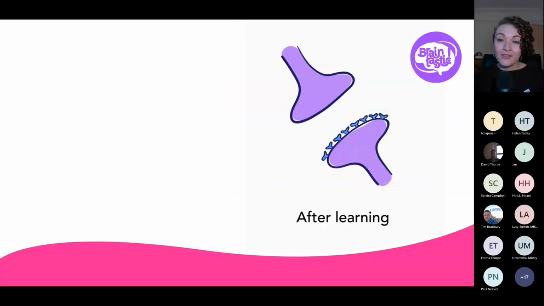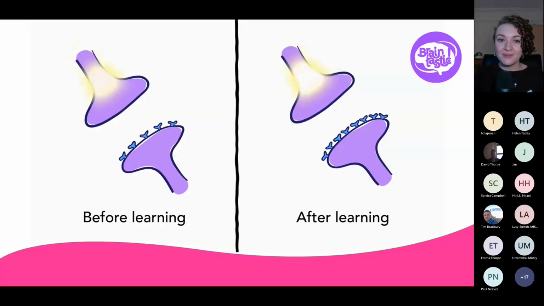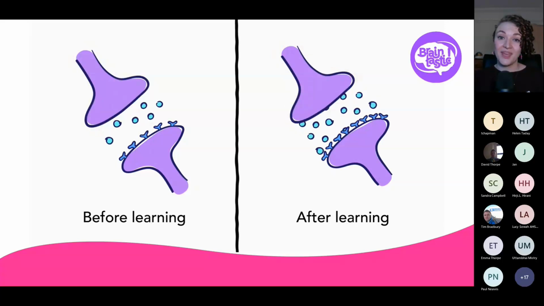So for one thing, the first neuron can actually start making more neurotransmitter. So when the signal comes in, more of those chemicals are released into the synapse, and that makes it easier for the signal to travel across. The second neuron can also grow more receptors, and that means it's easier to detect that chemical when it's coming in.